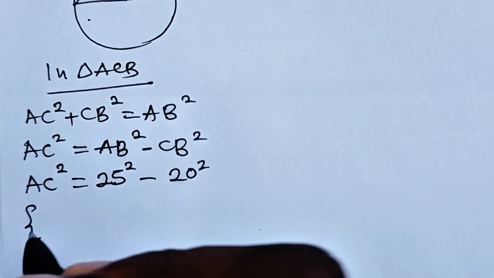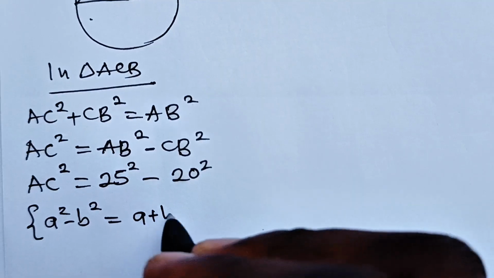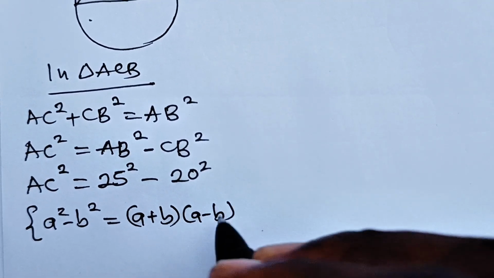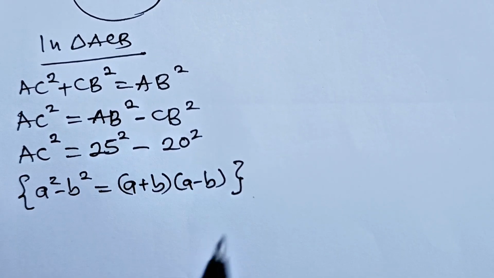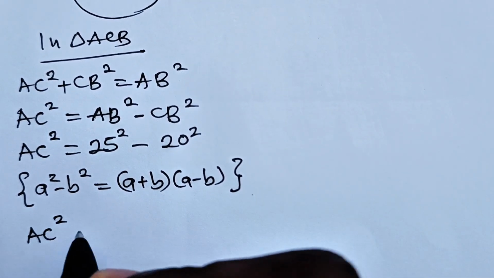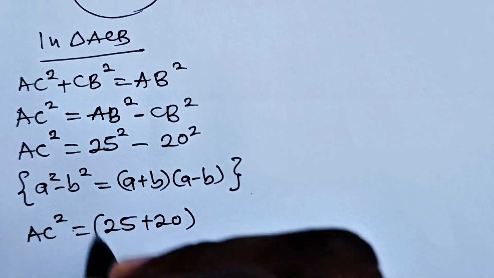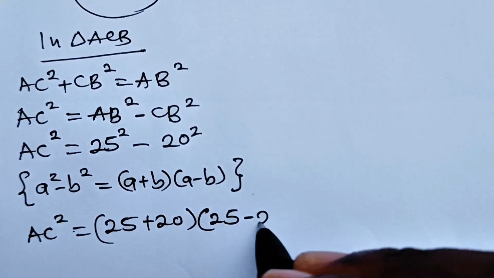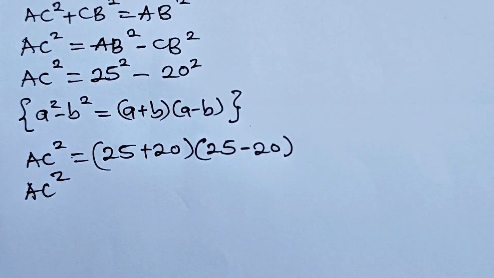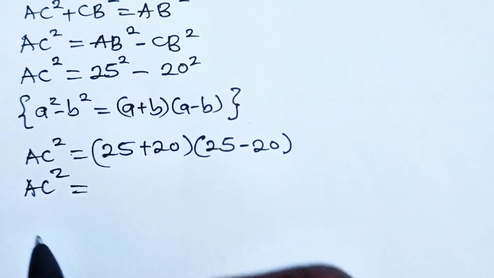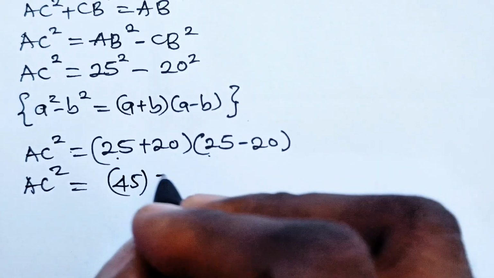Now remember that A squared minus B squared is equal to A plus B multiplied by A minus B. So because we don't have a calculator, we can simplify this further as AC squared is equal to 25 plus 20 multiplied by 25 minus 20. So AC squared will be equal to 25 plus 20 is 45, and 25 minus 20 is 5.